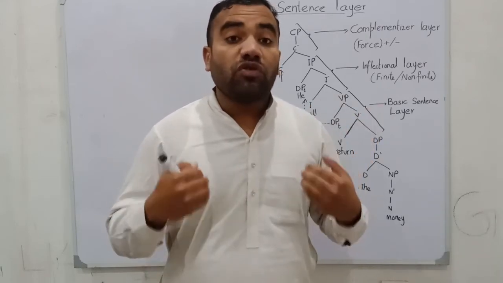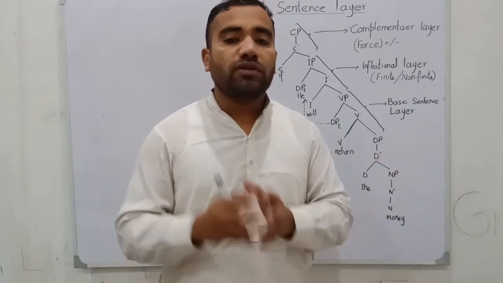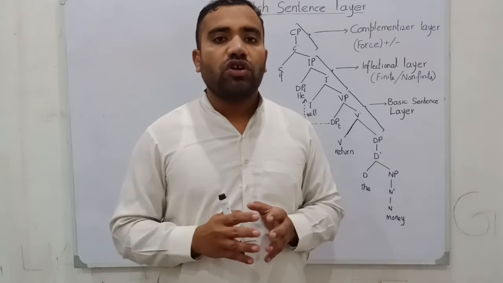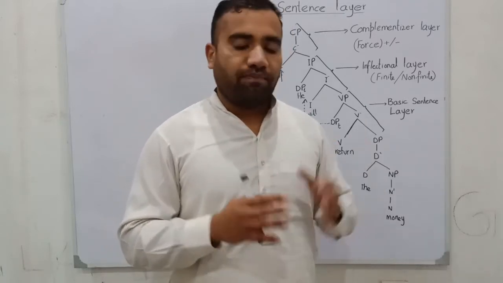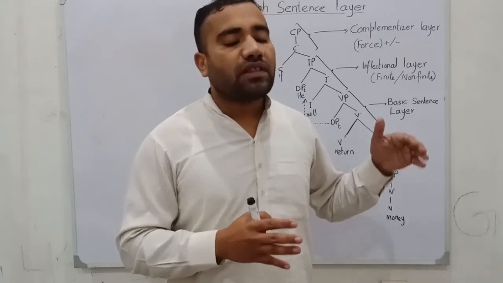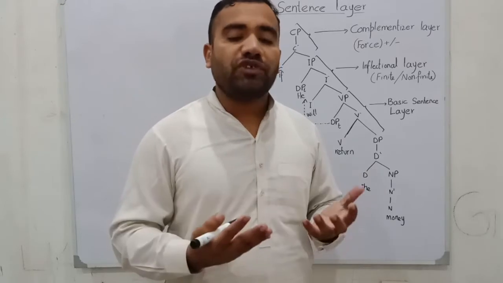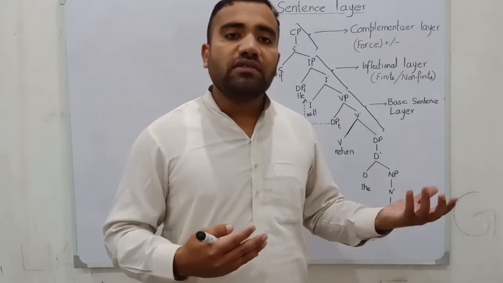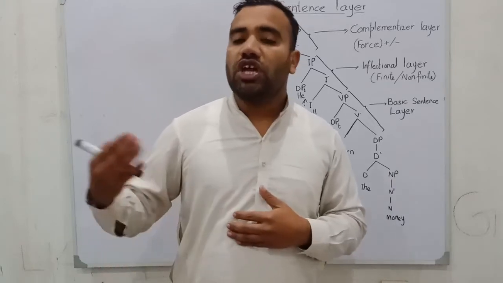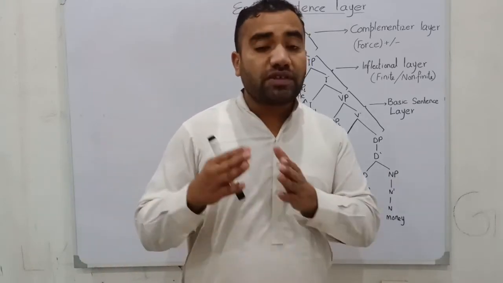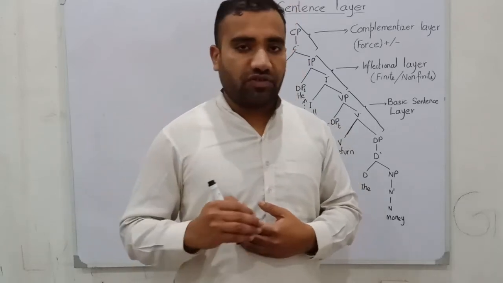Because humans speak a variety of sentences, if we want to account for this variety, for this purpose we need a layer, that is the complementizer layer, that accounts for the force. Force tells us whether the sentence is simple or interrogative.